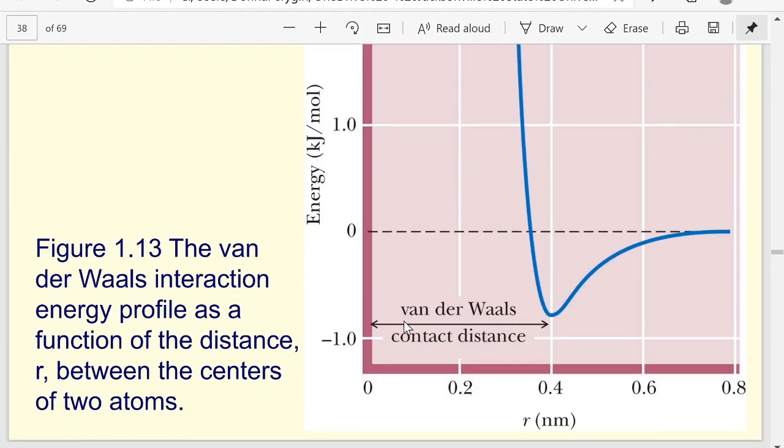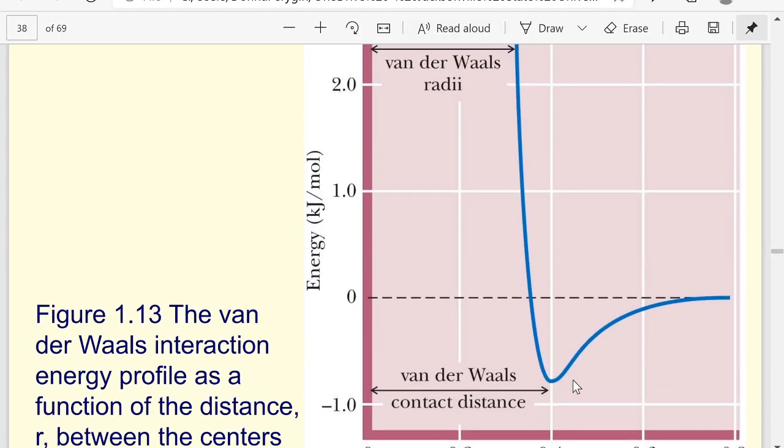So these intermolecular interactions are optimal at a certain distance of the atoms from each other. So as the atoms reach that optimal distance, we have a minimum energy. But as the atoms get further and further apart, that interaction becomes weaker and weaker.